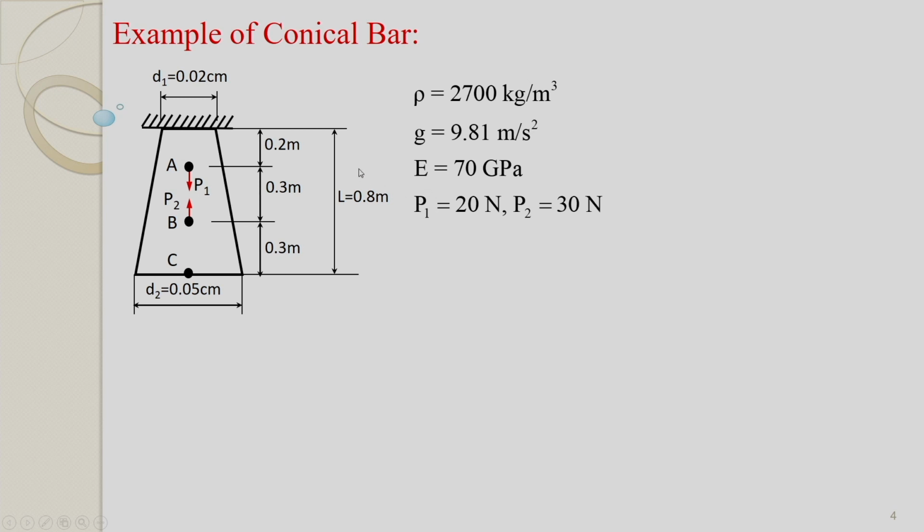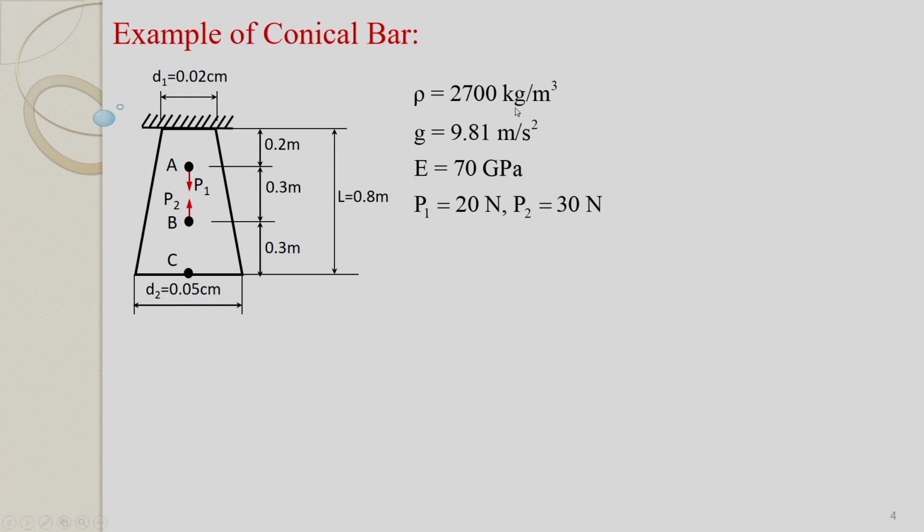The diameter of this bar is increasing linearly from 0.02 centimeter at the top to 0.05 centimeter at the bottom. The material of the bar has Young's modulus 70 GPa and density 2700 kg per meter cube.